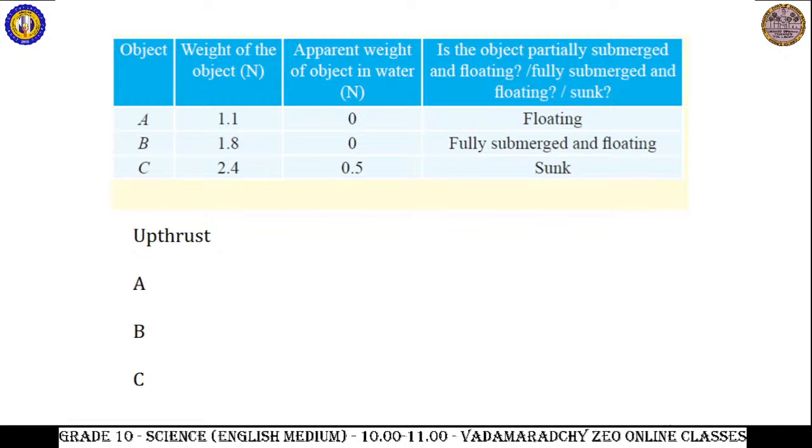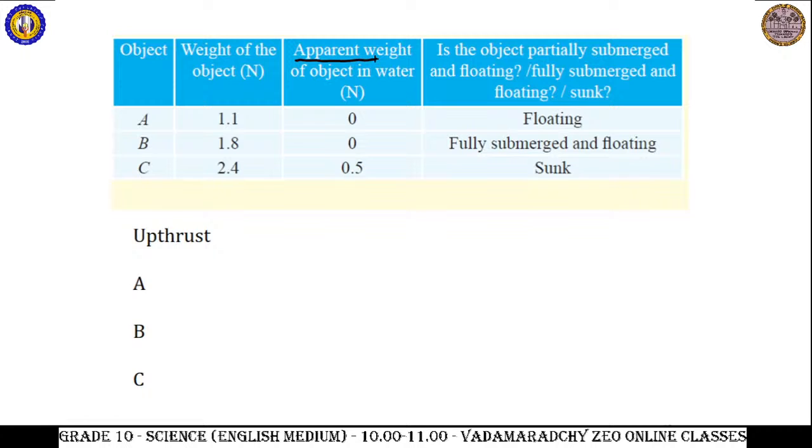The real weight of object A is 1.1 Newton, object B is 1.8 Newton, object C is 2.4 Newton. Thereafter, we have to immerse objects A, B and C into the water. After equilibrium, we take the Newton balance reading, which we call the apparent weight.